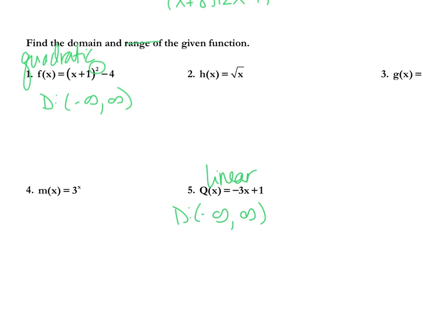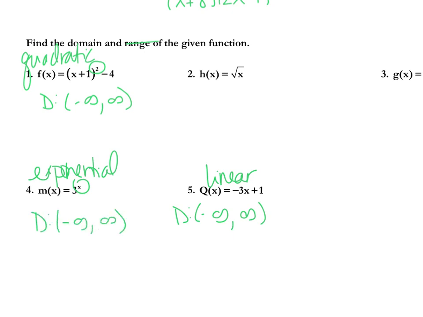Number 3 is quadratic, so hopefully you recognize that's going to be the same as number 1. But number 4 is exponential, because there's a variable in the exponent, so the domain is going to be negative infinity to infinity.